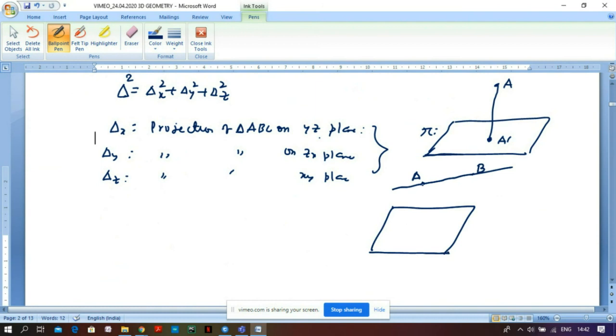So I'll just have to drop perpendiculars here and then here, and let's call them A prime and B prime. So now A prime B prime is the projection of AB on the plane pi. Of course, AA prime is perpendicular, and the same holds for BB prime as far as plane pi is concerned.